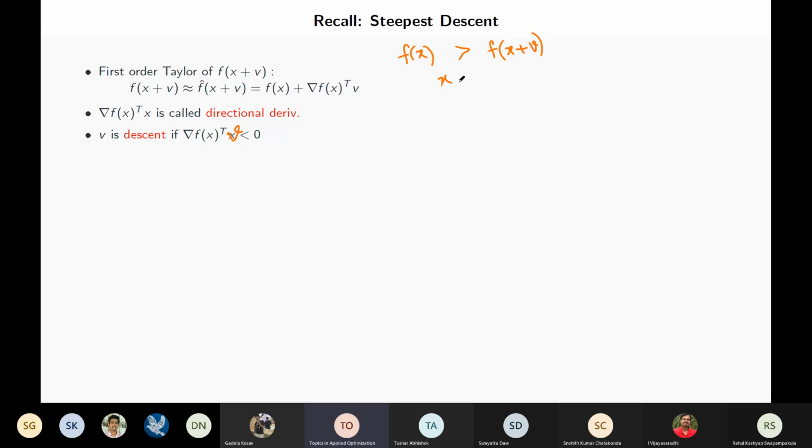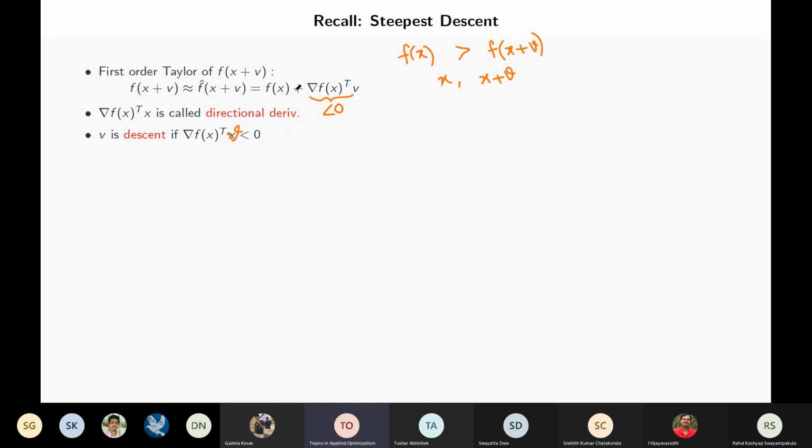So my first iterate was x. After that, my second iterate was x plus v, and so on. And in the minimization algorithm, I have to produce this sequence such that I keep decreasing the function value. And if we look at this, then we immediately notice that if this term is less than 0, then indeed f of x plus v, which is f of x plus this second term, is less than f of x, right?